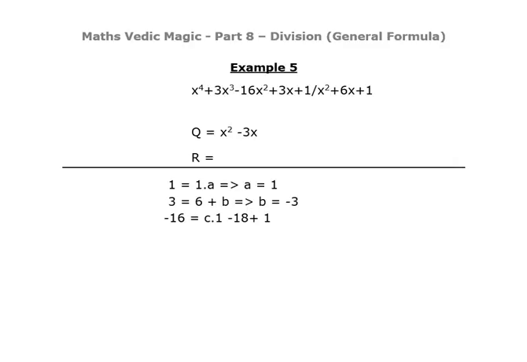So it will give us just 1. So the third term in the quotient would be just 1.